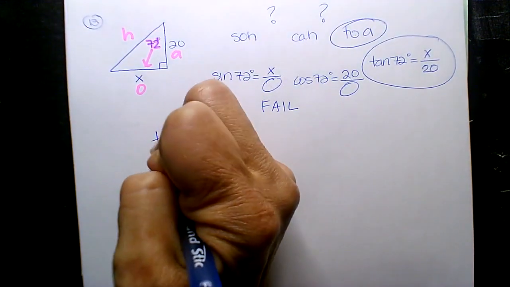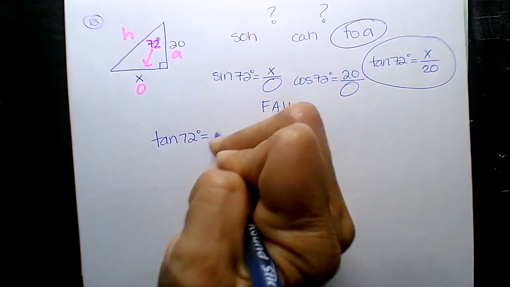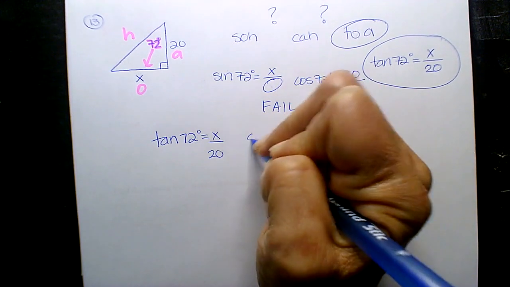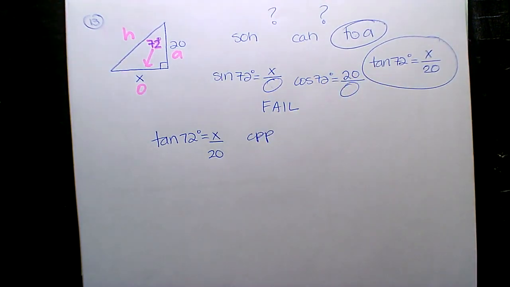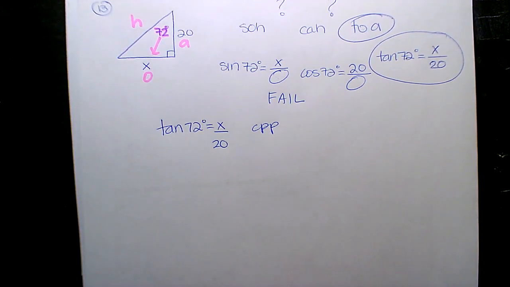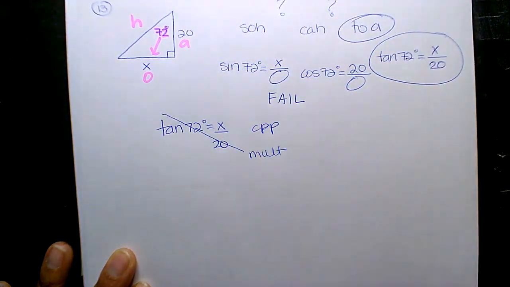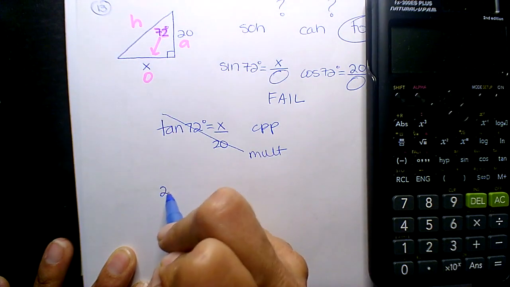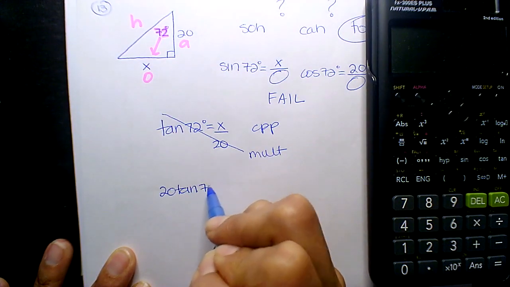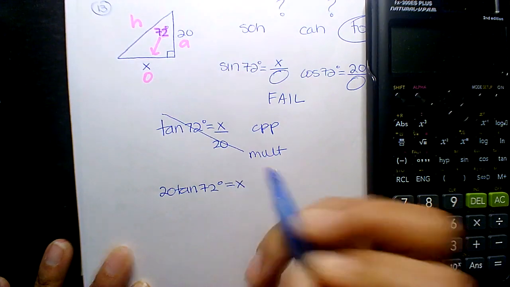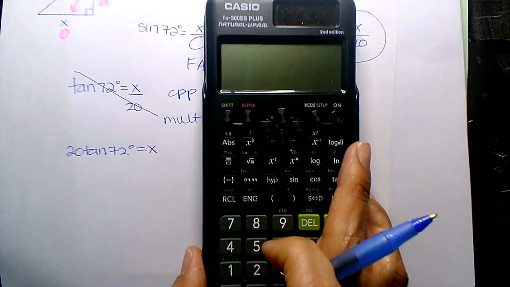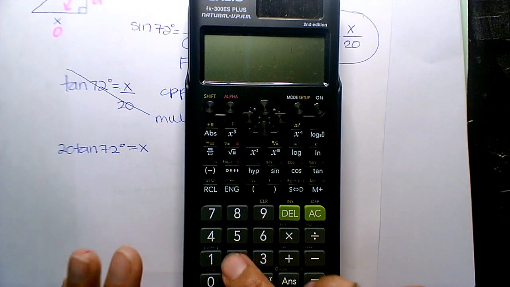Now what do you do once you figure that out? Hopefully you know the cross product property. I'll do it two ways. If you want to do it in one shot, you're going to multiply. What you put in the calculator is 20 times the tan of 72.